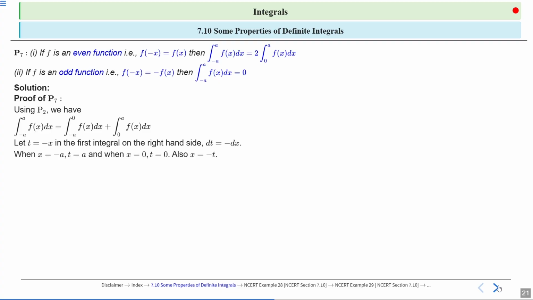When x is equal to minus a, t is equal to a, and when x is equal to 0, t is equal to 0. Also, x is equal to minus t. So just substituting, we get the integral from minus a to a of f(x) dx as the integral from a to 0 of f(minus t) dt. Now we use the property 0, and change the variable t to x: the integral from 0 to a of f(minus x) dx plus the integral from 0 to a of f(x) dx.